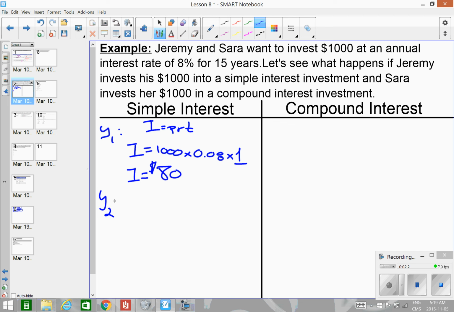Now in year two, the same thing happens again. Our interest is our principal times our rate times another year. So 1,000 times 0.08 times 1. And again, since the same numbers, it's going to be $80 again. And that's going to keep on happening every single year.